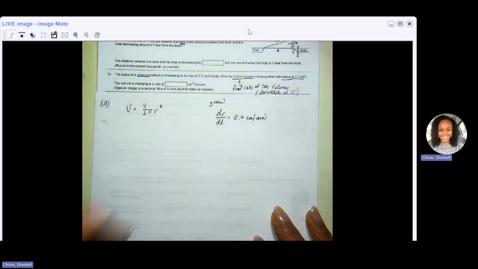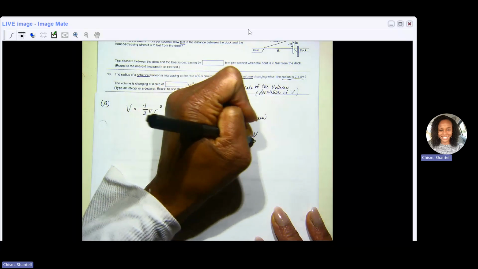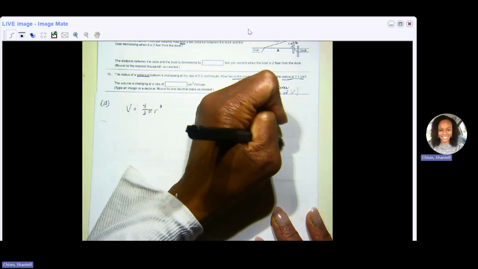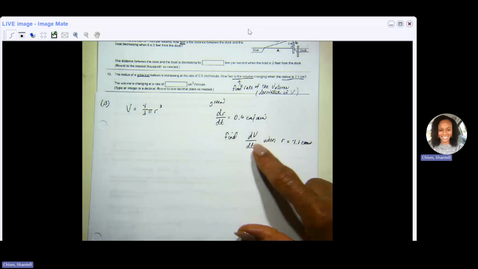And we want to find dV with respect to time t when r, the radius, is 7.1 centimeters. So we have two values that were given that we will apply to the formula once we differentiate, and that will then help us to find what's unknown.